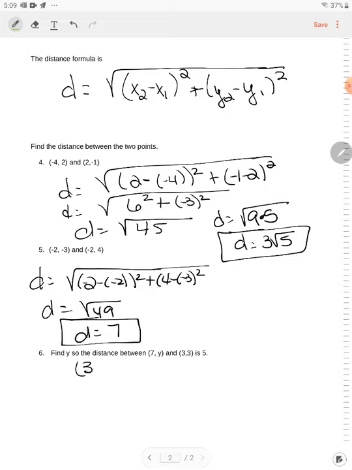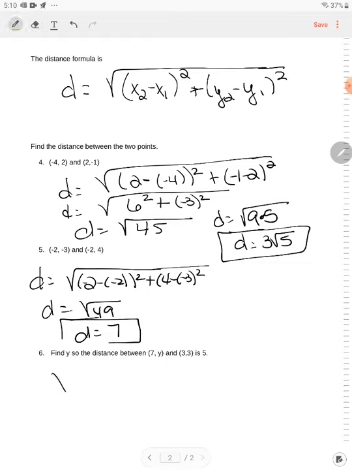So again, 3, x2 minus x1 squared plus y2 minus y1 squared, square root. Okay, let me clean that up a little bit. Write a little bit lower.